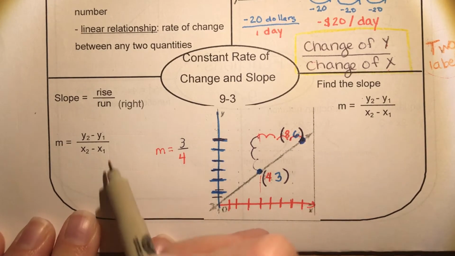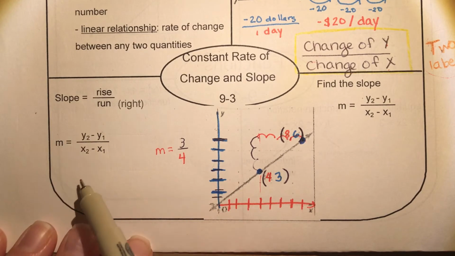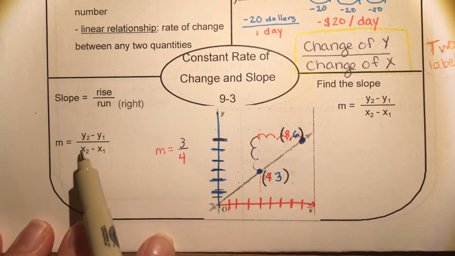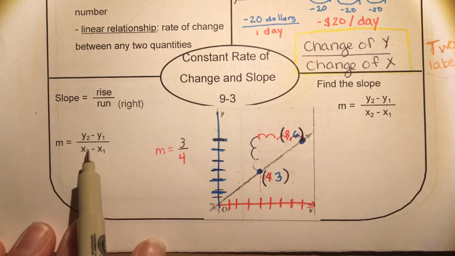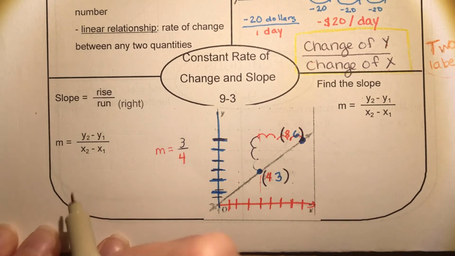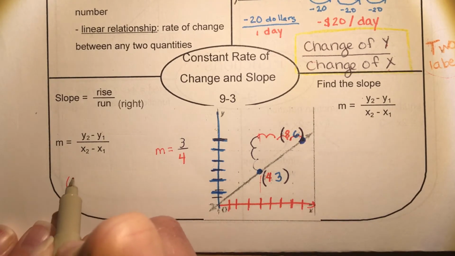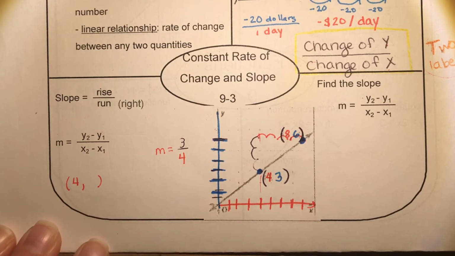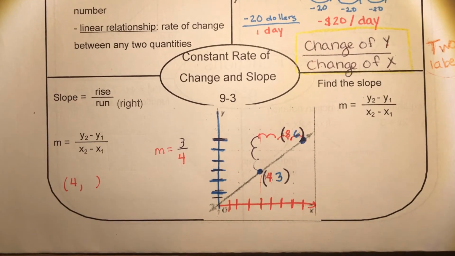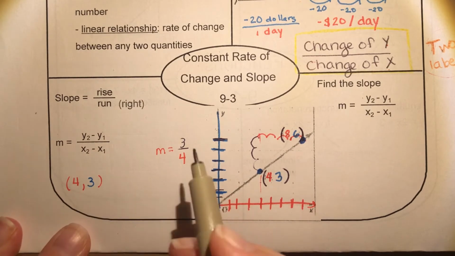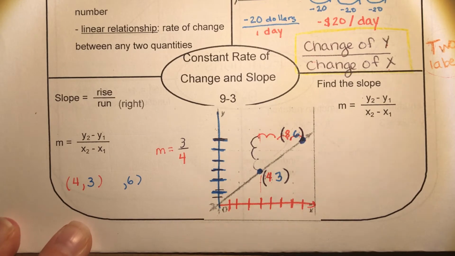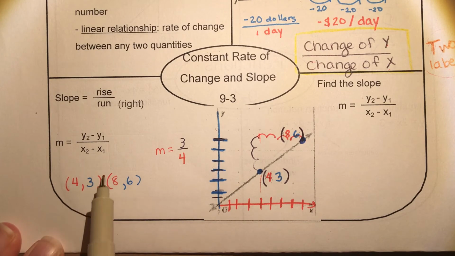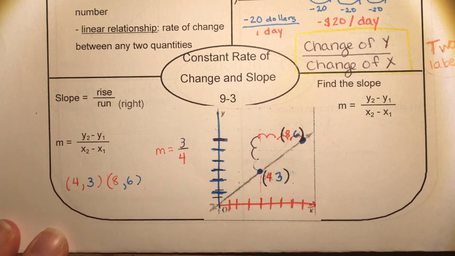So another thing you can do to find a slope is do the change of y over the change of x, which should sound like yesterday's lesson, but instead we're going to use the ordered pairs. So now if I were to have just given you these 2 ordered pairs on your assignment, so 4 comma 3, and then I'm going to try to stick with my little color coding here, the other ordered pair, I'm just using the same thing that we just worked on, 8 comma 6. So we've got one ordered pair here and a second ordered pair here, and I'm just trying to match up the colors.